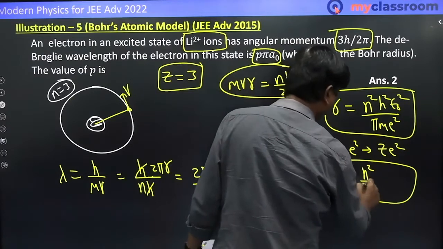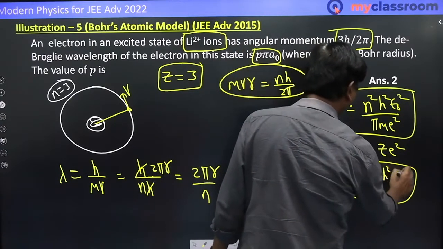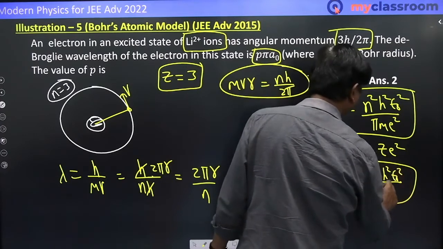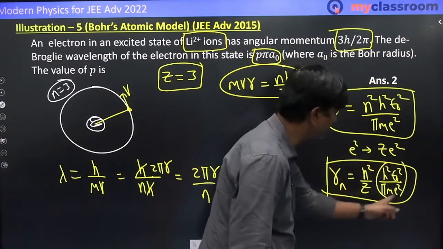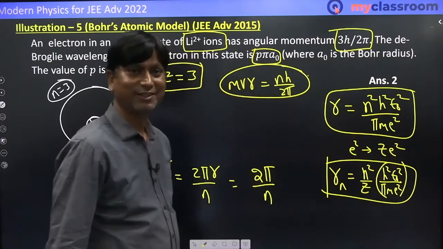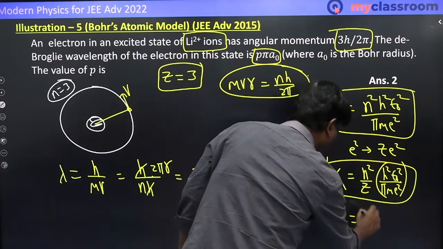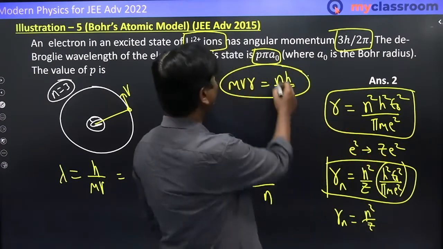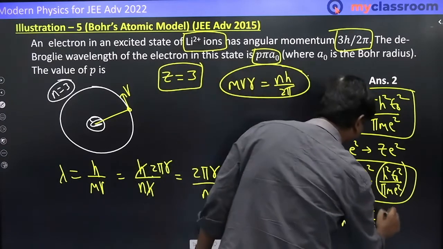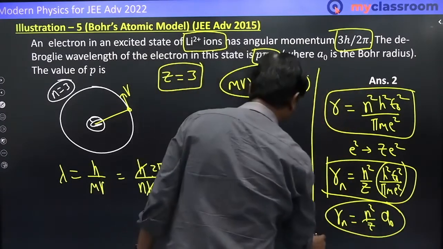So Z you will put here, and the remaining is all h square epsilon naught square by pi m e square. This is the radius of the first orbit. So that is why the radius of the nth orbit is equal to n square by Z times the radius of the first orbit. And the radius of the first orbit, according to this, is a0 for them.